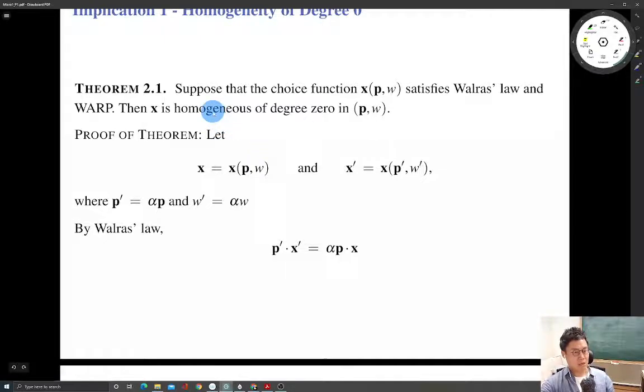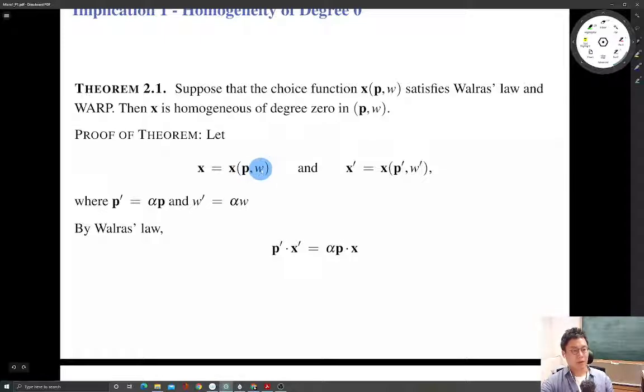To prove this statement, we need two price vectors and two levels of wealth. We first have P and W, and the observed data: the actual choice made by the consumer is given by bundle x under this budget set.